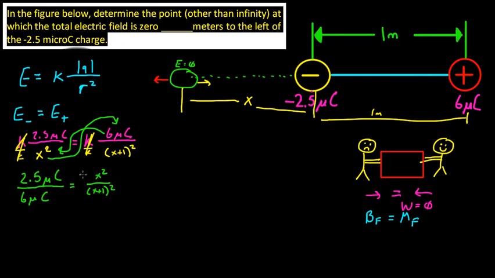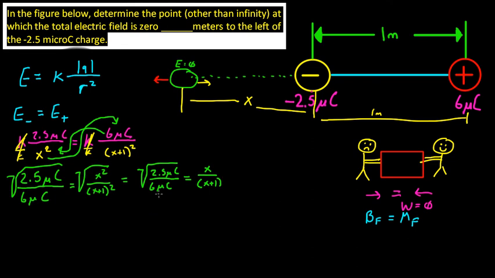Then we can square root both sides. That gives us the square root of 2.5 microcoulombs over 6 microcoulombs equals x over x plus 1.